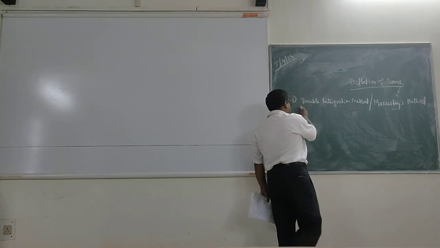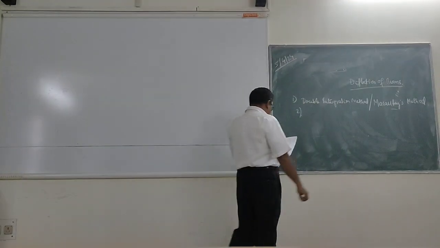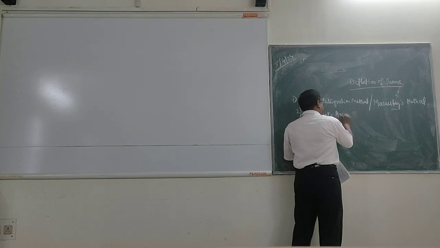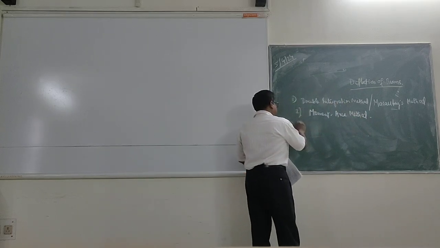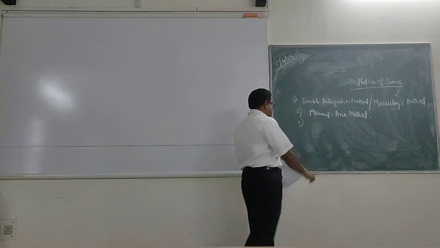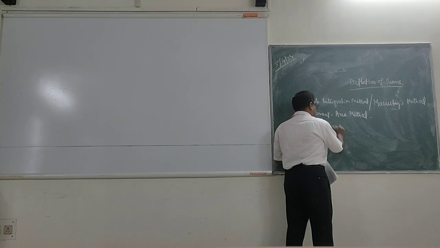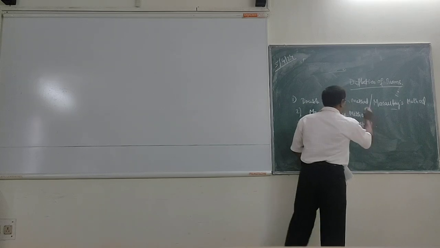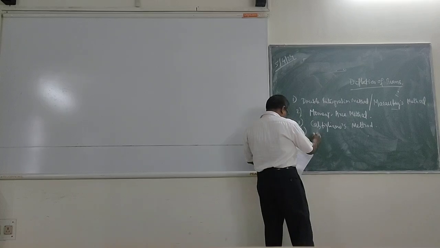I'll come to what the double integration method is. Then you have the moment area method or area moment method for deflection calculation. Then you have Castigliano's method. And the fourth one is the conjugate beam method.